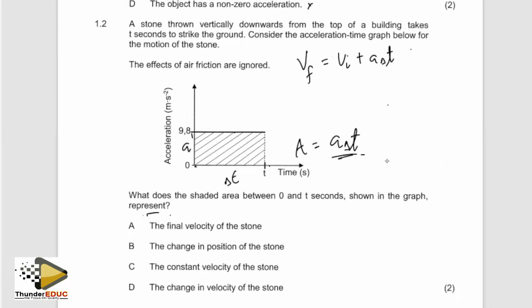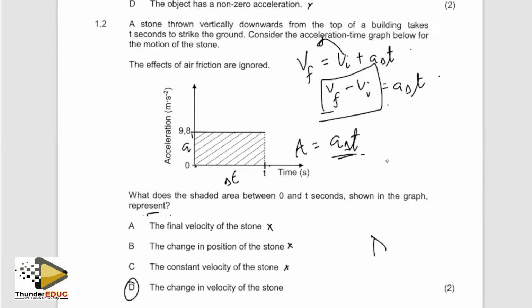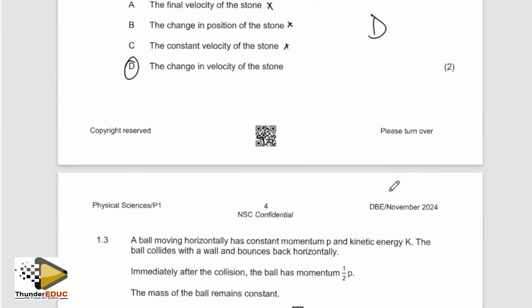If we move the Vi to that side, it's V final minus Vi equal to a delta t. So this component here is what we call the change in velocity. Let's look at the options. Shaded area represents the final velocity, no? The change in the position, nope. The constant velocity of the stone, no. It is the change in velocity, which is option D. All right, then 1.3.